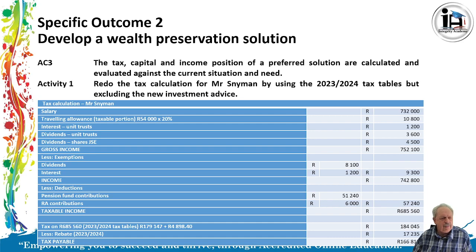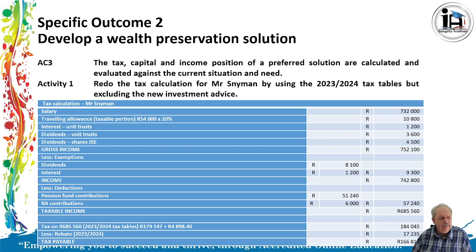If we multiply that by 20%, that gives us a 10,800 taxable amount. Interest in unit trust currently that he's receiving is 1,200. The new dividend unit trust and shares, from there he's receiving 3,600, and on his shares on the stock exchange currently he's receiving 4,500.